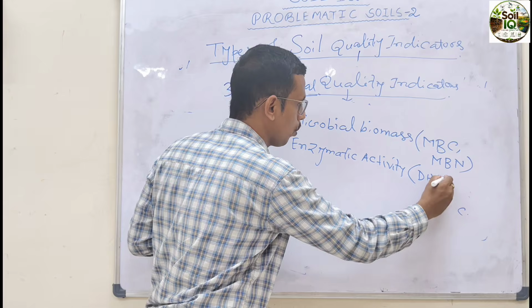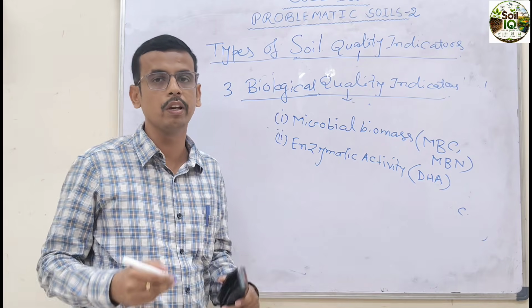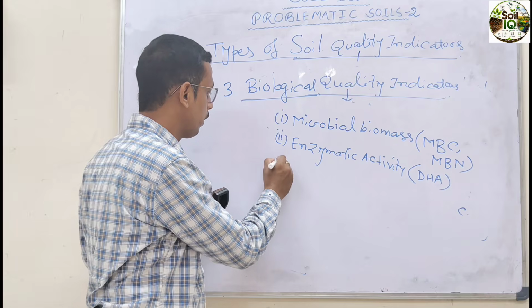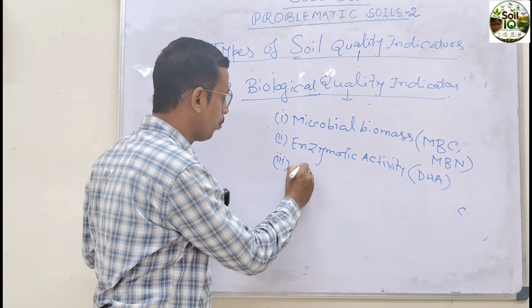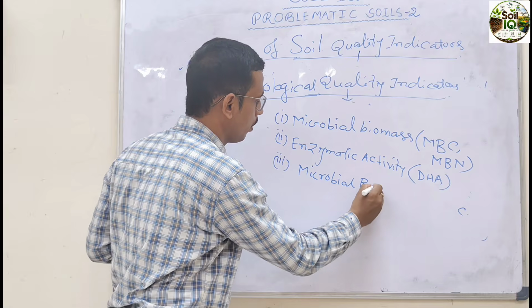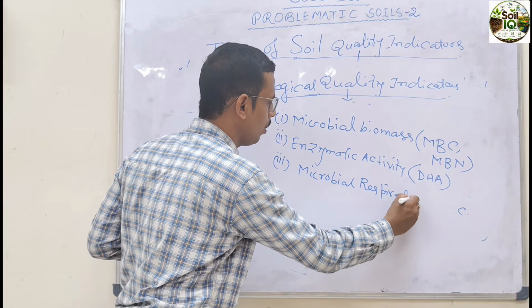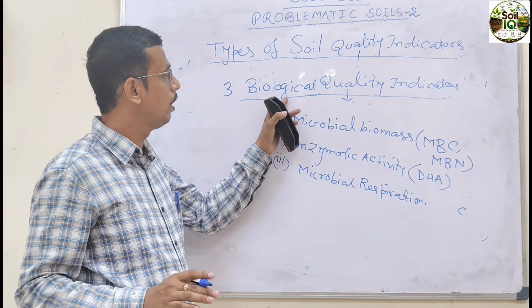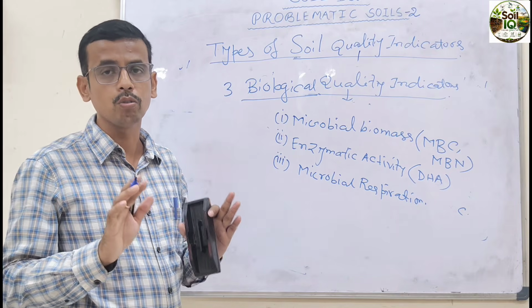This is very common. Dehydrogenase activity, we can measure acid phosphatase activity, alkaline phosphatase activities. Then microbial respiration. So all these denote the biological characteristics of the soil.